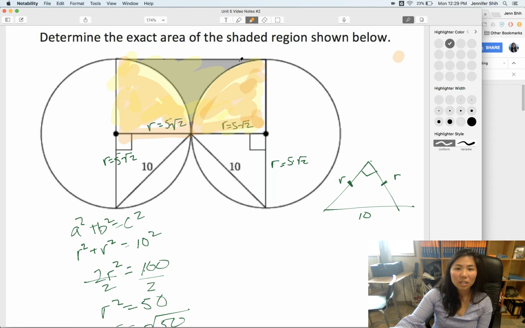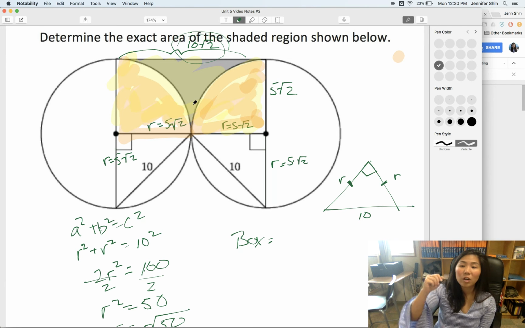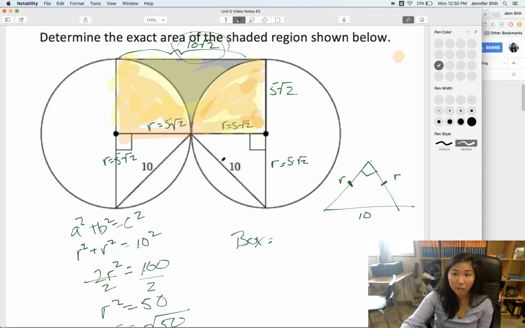So let's find the entire box here. Box is equal to, this is also 5 root 2. This distance here is 2 times 5 root 2, which is 10 root 2. If you don't know where this 10 root 2 comes from, put a little star or put a little caution sign so you figure out where that 10 root 2 comes from.